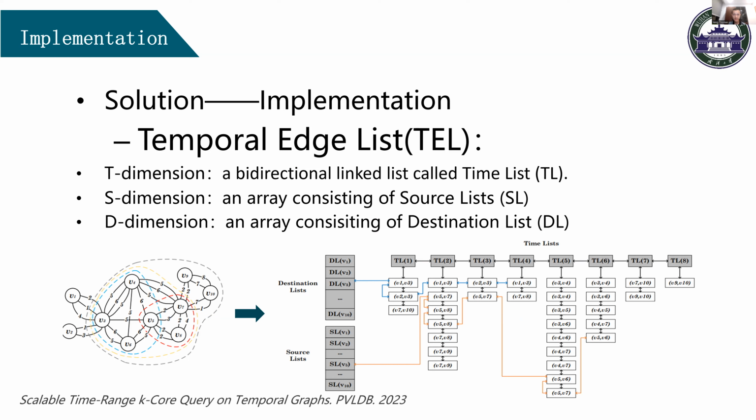Since it has a source node V5, it is linked in the source list V5. And since its timestamp is 2, it is linked in the time list 2. And similarly, the edge V1, V3 with timestamp 1 is linked in the destination list V3 and the time list 1.